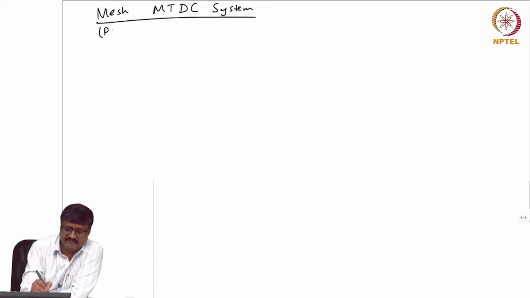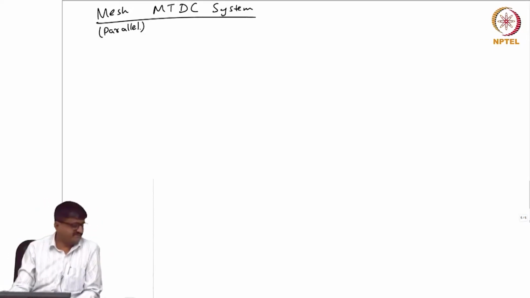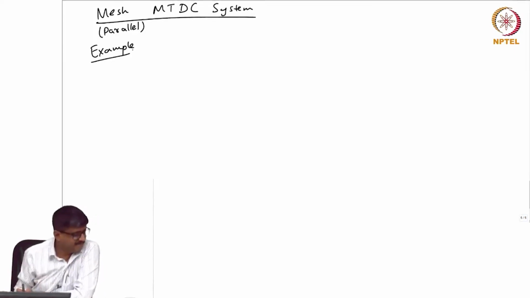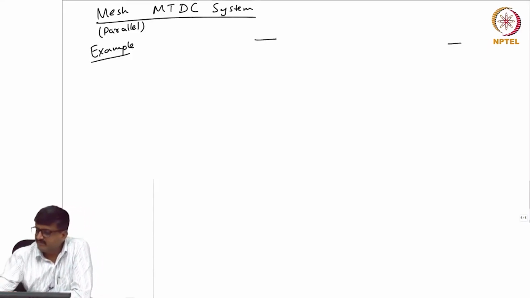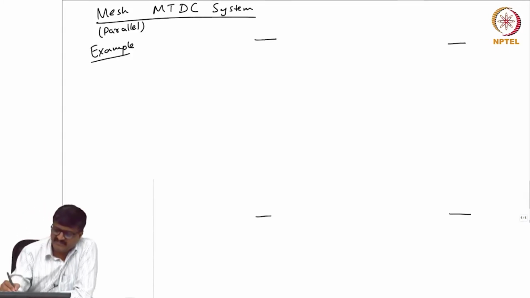So, again this is also an MTDC system which comes under the category of parallel MTDC. So, let us try to look at an example. Suppose I have 4 buses of the AC system, and at each bus I have a converter.